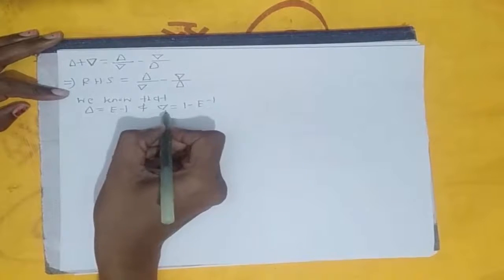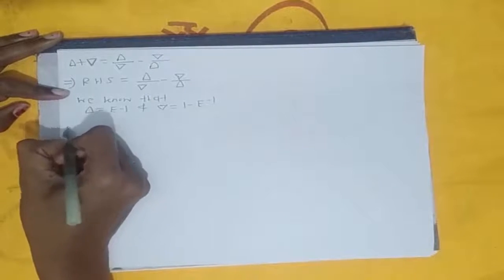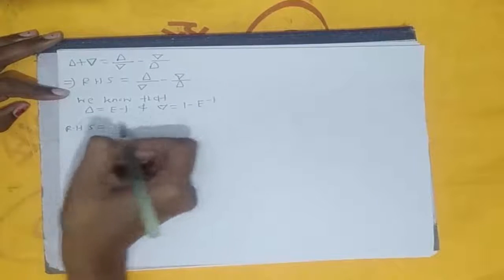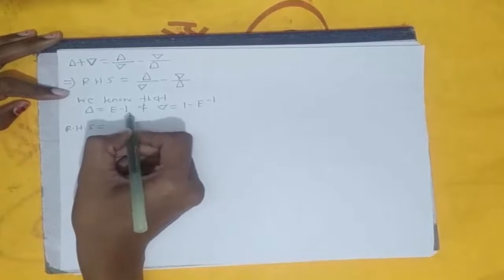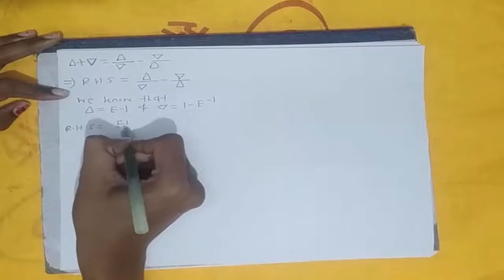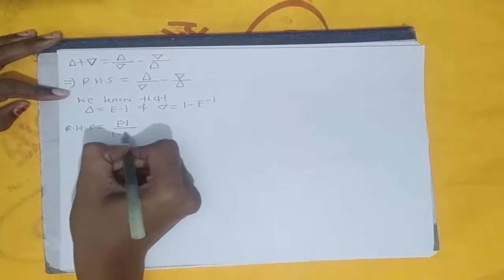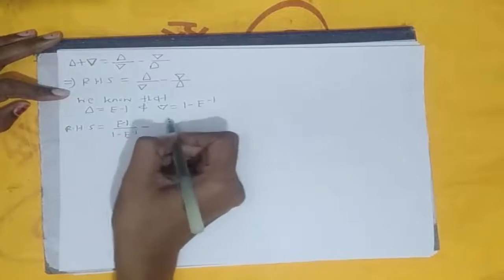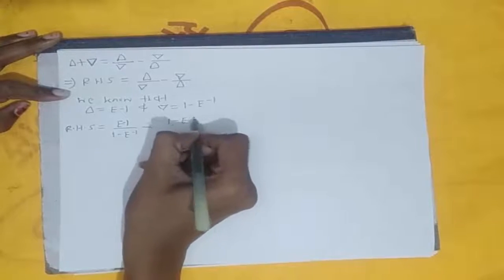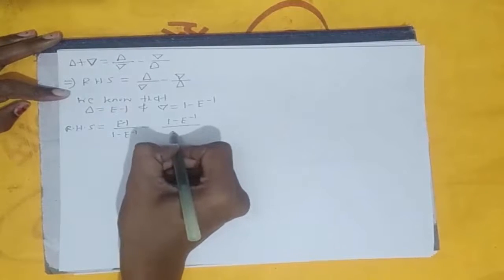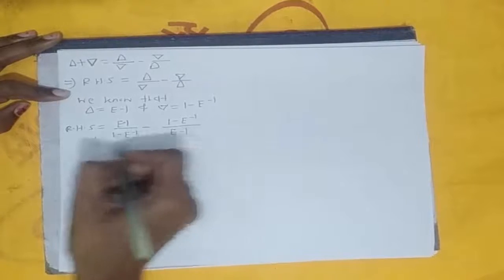So we put these values here. We get RHS will be equal to delta, which is E minus 1, divided by del, which is 1 minus E inverse, then minus again here, 1 minus E inverse divided by E minus 1.